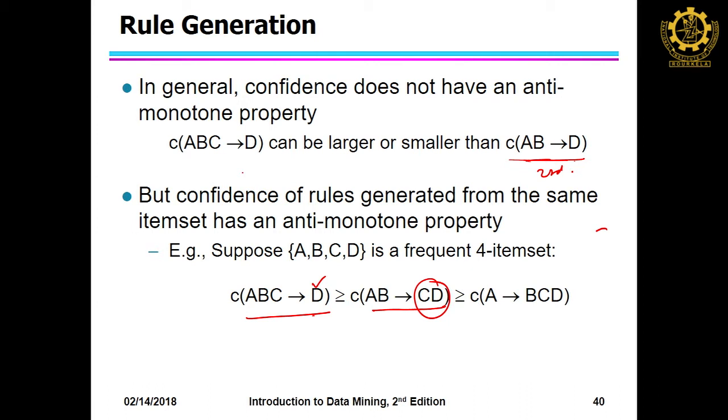Once an item set is frequent, all its corresponding subsets will be frequent. Here, for confidence, we do not say frequent; it is strong or weak, depending on whether it is a valid rule. If confidence is above 60% we will say it is a valid rule. So, on the right side with respect to B C D, this is the subset. Subset confidence is more than its corresponding superset, if the rules are generated from the same frequent item set.